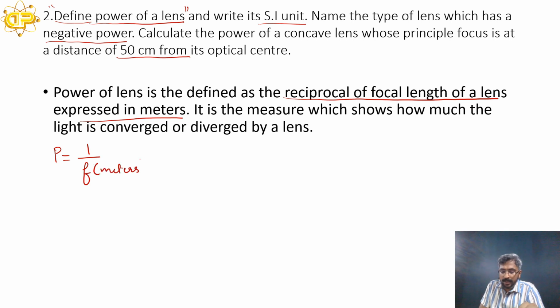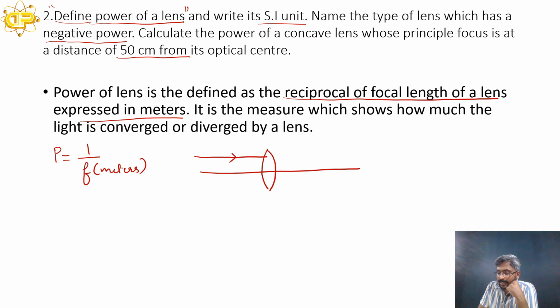This is how the power of a lens is defined. It is a measure of how much the light is converged or diverged by the lens. What is the meaning of that? That means if I have a convex lens and this is the principal axis, and I pass a ray of light through it.